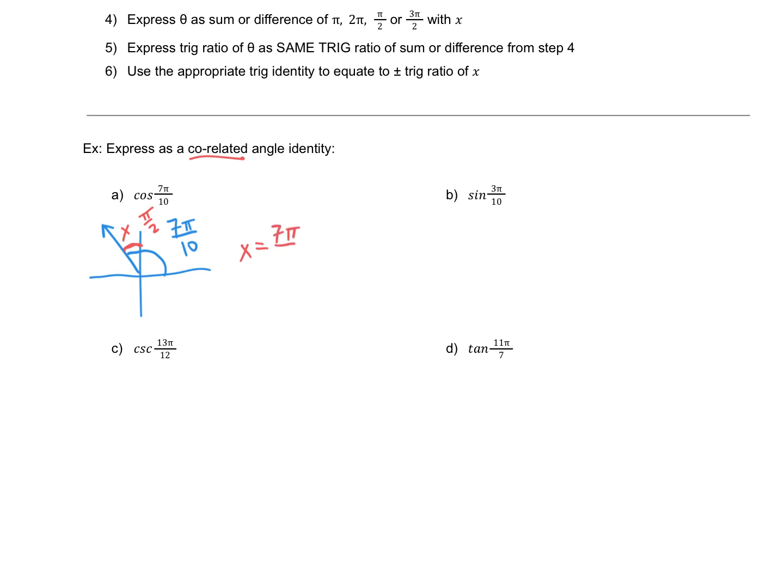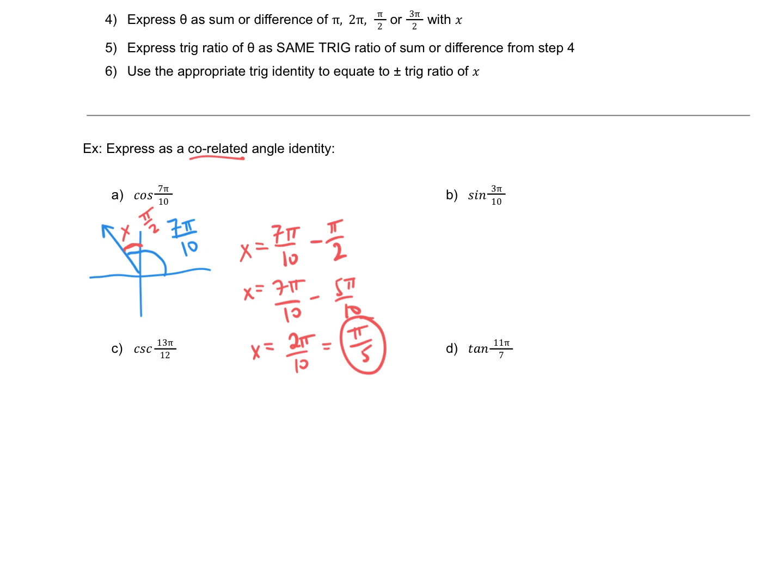So 7 pi over 10, the entire angle, and subtract that first quadrant away, pi over 2, and that will give us x. I will need a common denominator here, so times 5, and I get 2 pi over 10, which reduces to pi over 5. So this is going to be the complementary angle to 7 pi over 10.